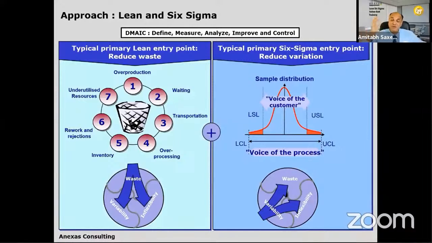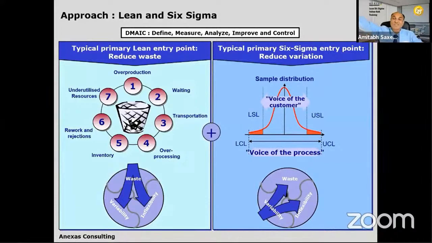We conduct trainings in both Lean and Six Sigma. So when you become a green belt or a black belt from us, and like today when you are going to become a yellow belt, you are a Lean and Six Sigma yellow belt, not only a Lean yellow belt or a Six Sigma one. By the way, in Lean there are no yellow belts, green belts and black belts, but in Six Sigma there are. So it's a combination of both methodologies to deliver value to the customers.